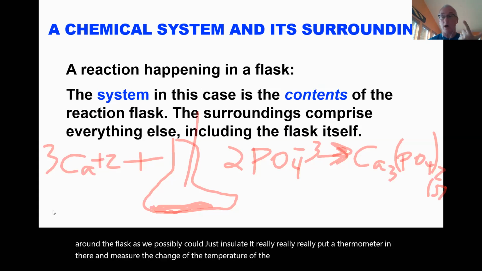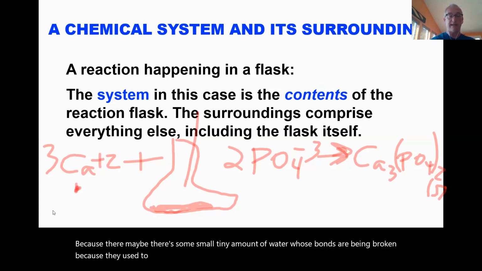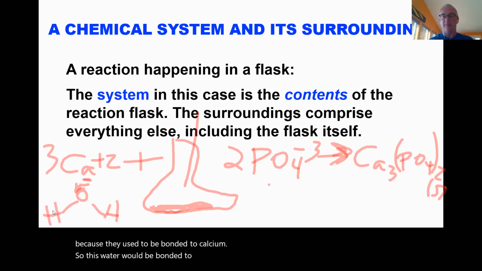Because even the water is not involved. Because there's some small, tiny amount of water whose bonds are being broken because they used to be bonded to calcium. So this water would be bonded to calcium on its negative side, and this water would be bonded to phosphate on its positive side.